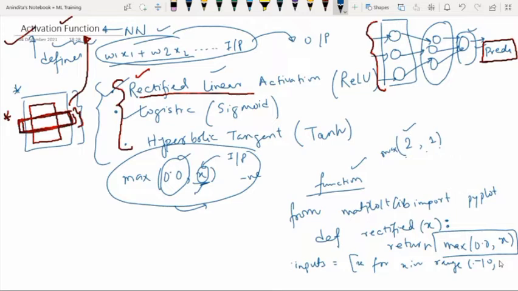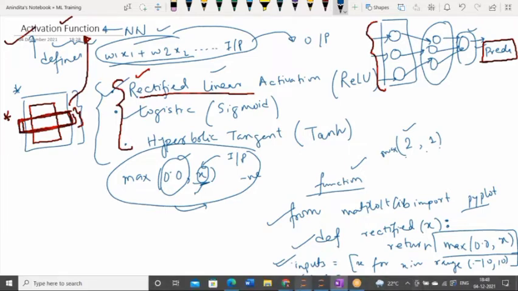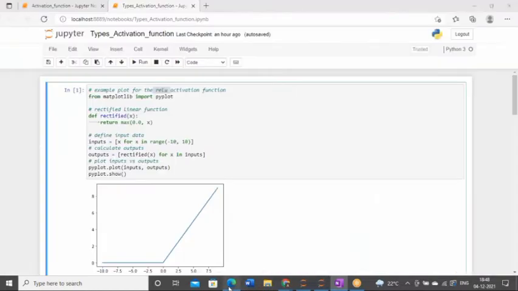So any arbitrary range can be used to generate some input, and then accordingly you can calculate the output, and then you can plot the activation function. So first you use PyPlot, then you define the activation function, then you design the range of your input, and accordingly you calculate the output and plot the function. So see here.